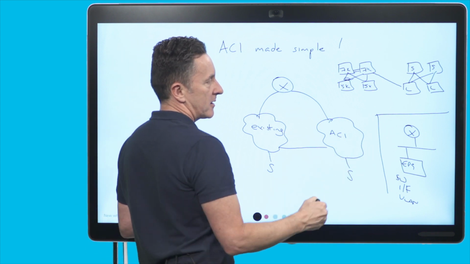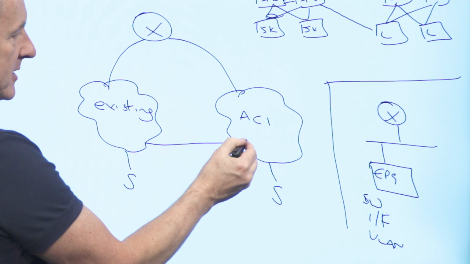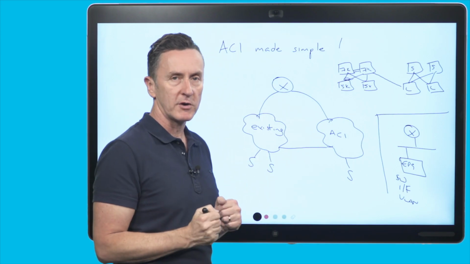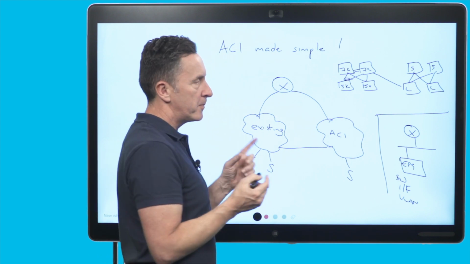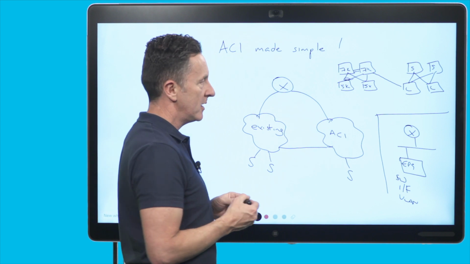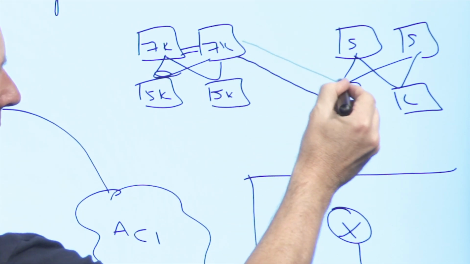So now I've built my connection and I've got my EPG, with connectivity to my legacy network where my servers sit. I can simply migrate the servers across. But there's a missing piece of the puzzle, and that is I need to have a layer 3 connection as well. So I'll take a layer 3 path from my existing network down here.